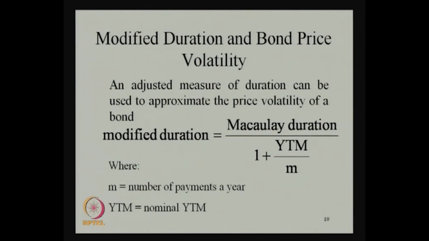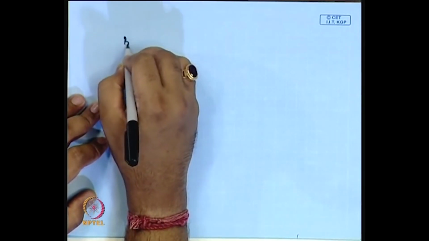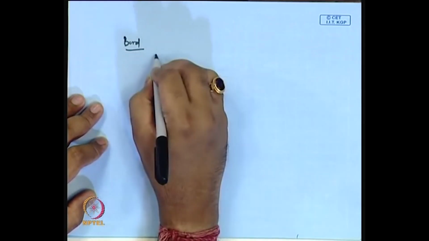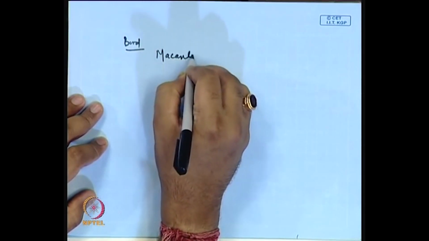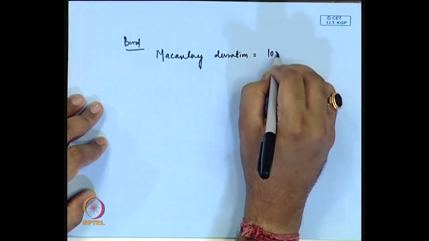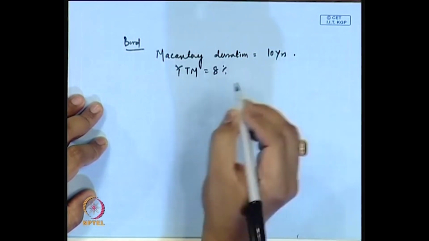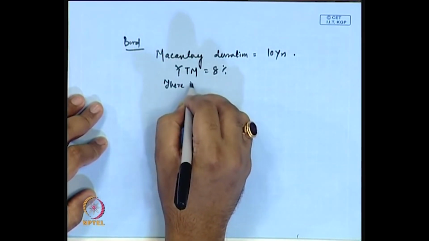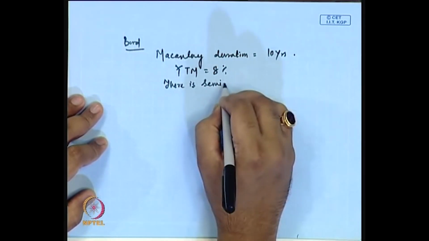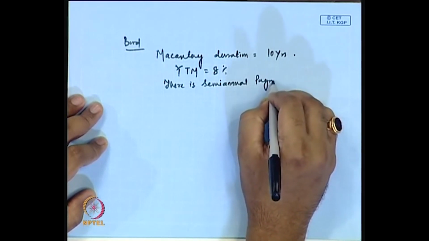For example, if it is a semi-annual payment, consider a bond where the Macaulay duration is 10 years, the yield to maturity rate is 8%, and there are semi-annual payments of interest.